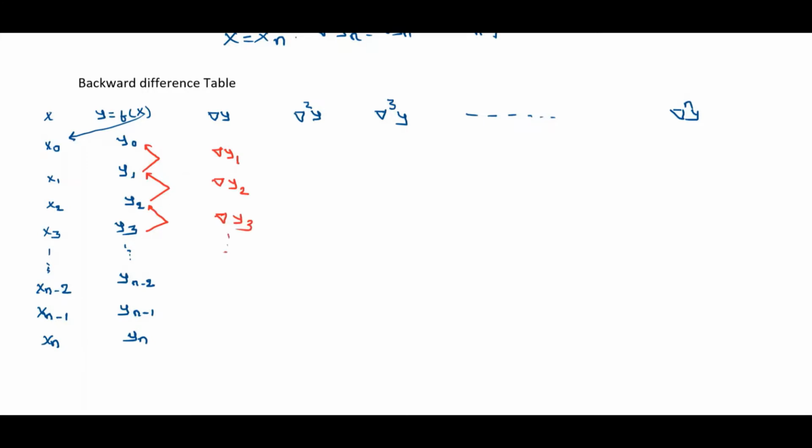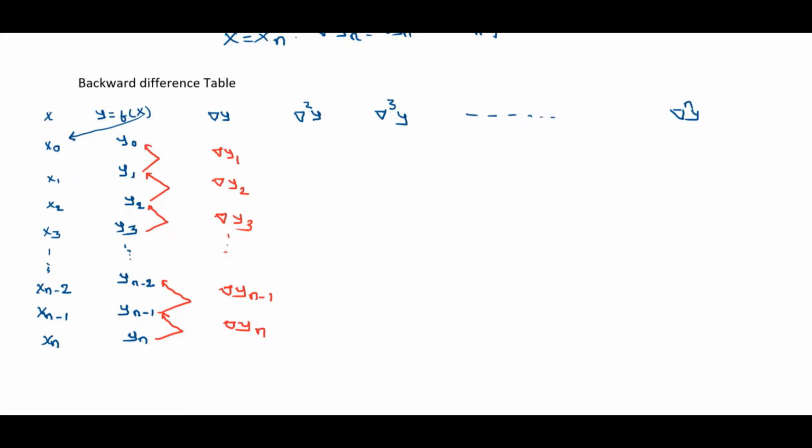Continuing in the same way, yn minus 1 minus yn minus 2 is del yn minus 1, and at last yn minus yn minus 1, which gives del yn.